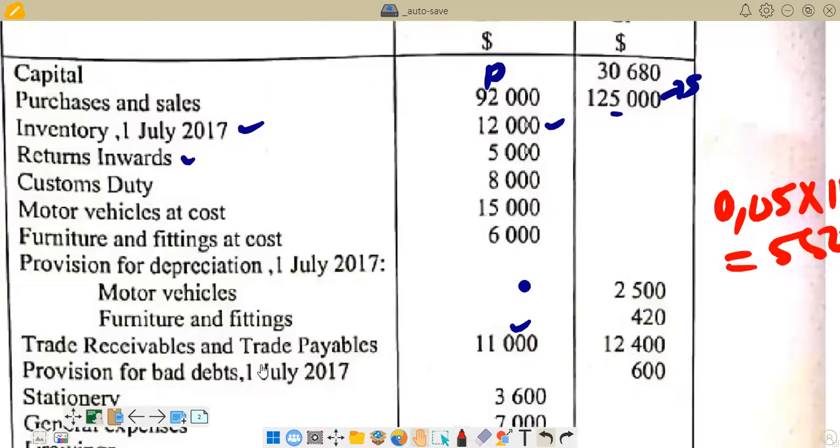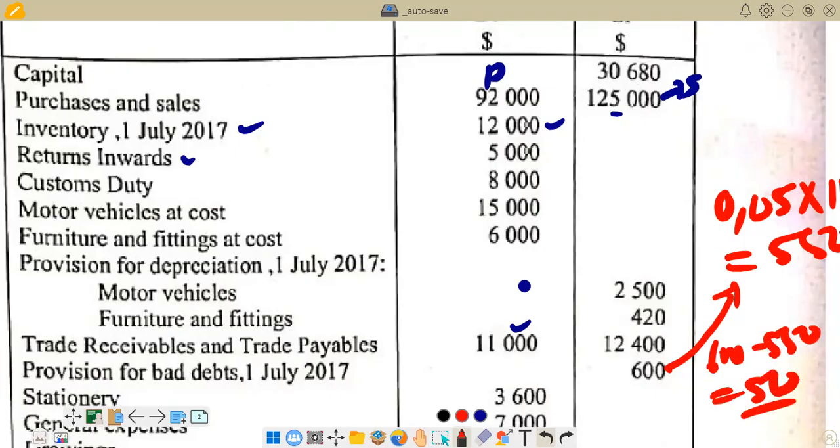We are given the provision for bad debts at 1 July 2017, at the beginning of the previous year, it was 600. So this belongs to last year. That's the opening, which was there last year. So 600. So what does it mean? It means it moved from 600 to 550. So it's a decrease of 600 minus 550. So we see that there's a decrease of 50. So we go to our answer section and we just put our provision for that dates under other income as income.